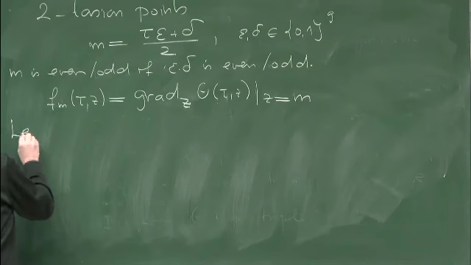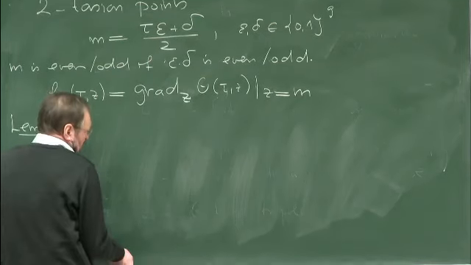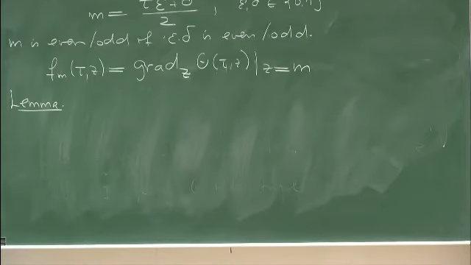Well, we can do this, and we get the following lemma. So this is a vector valued function, and I can ask whether that's a modular form, a vector valued modular form, and the answer is this.